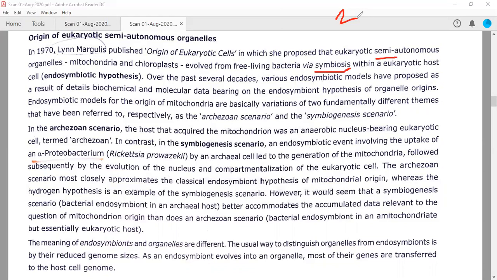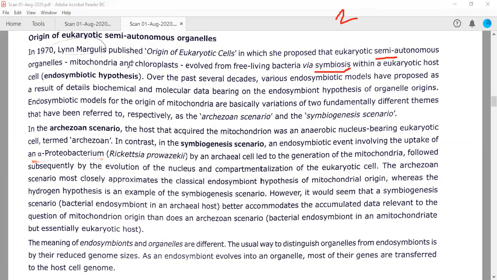The electron transport chain happens in the inner mitochondrial membrane, and they also have an outer mitochondrial membrane. The gap between the outer and inner mitochondrial membrane is where your potential is generated and H positive ions are accumulated.